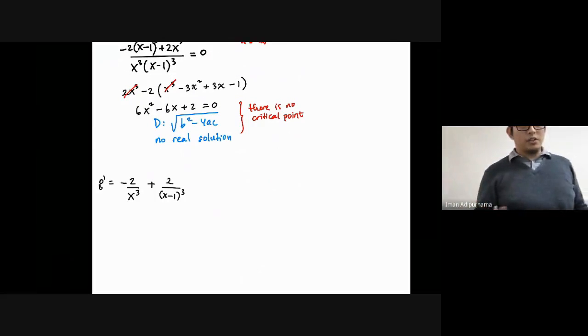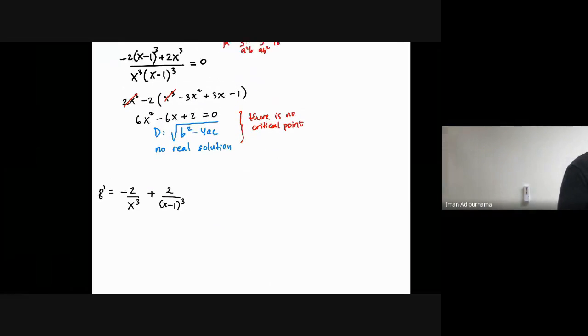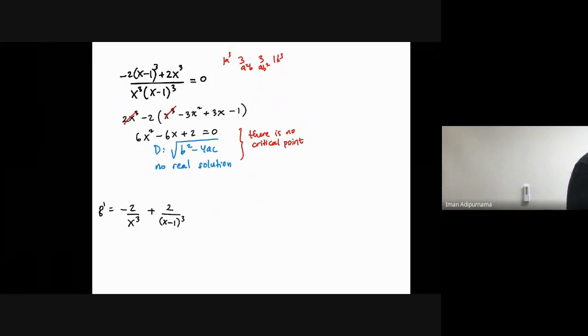So there's no critical point, and we still need to check g prime. How do we check our g prime if we don't have a critical point?